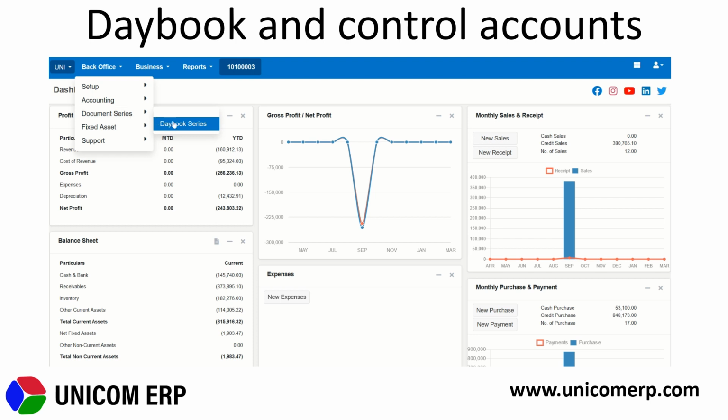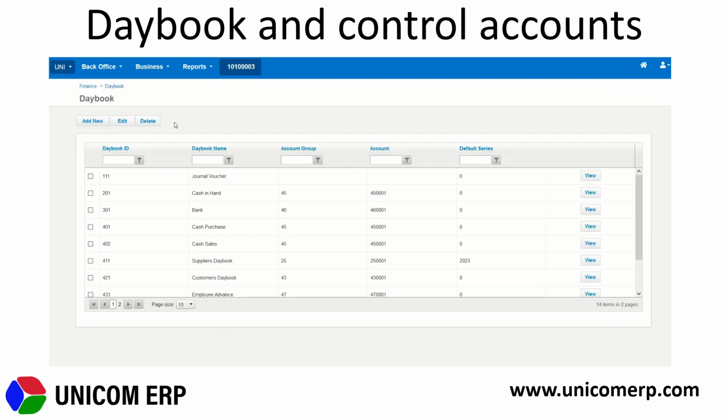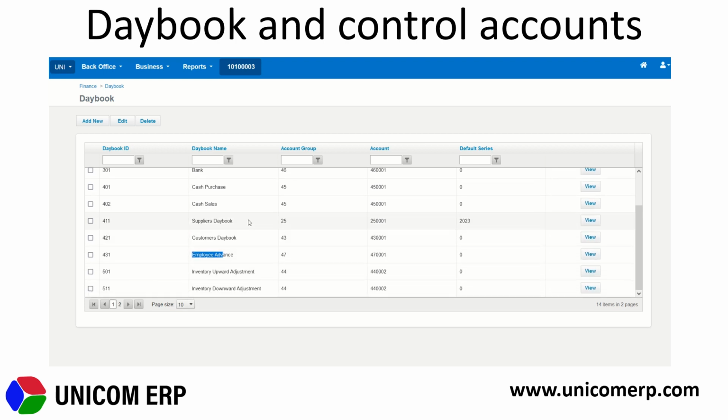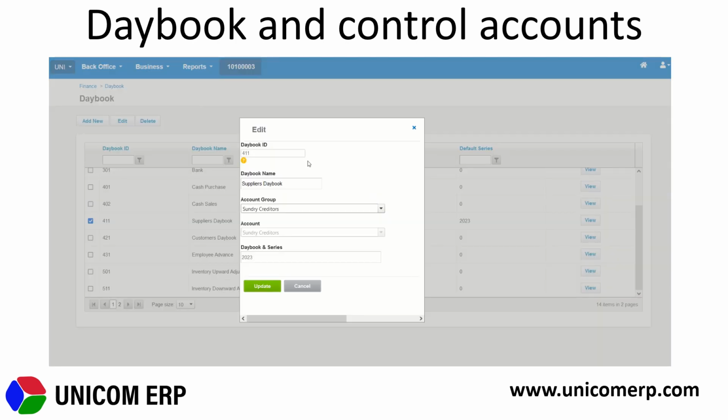Daybook is a feature of the ERP system that allows users to manage different types of daybooks, such as journal voucher, bank, cash, supplier, customer, and employee daybooks. These daybooks store the transactions and entries related to each category. Users can customize their chart of accounts by editing the control accounts of supplier, customer, and employee daybooks through the daybook screen.